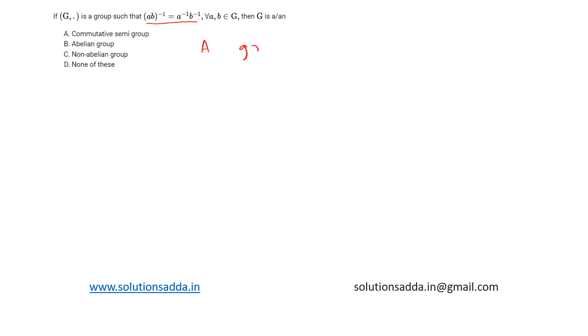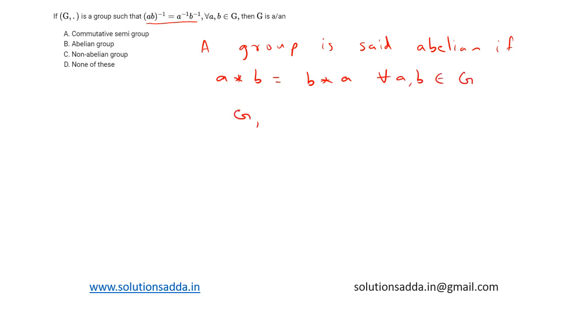A group is said to be abelian if A star B equal to B star A for all A comma B belongs to the group G. Since G comma dot is a group, we can say that AB the whole inverse is equal to B inverse A inverse.